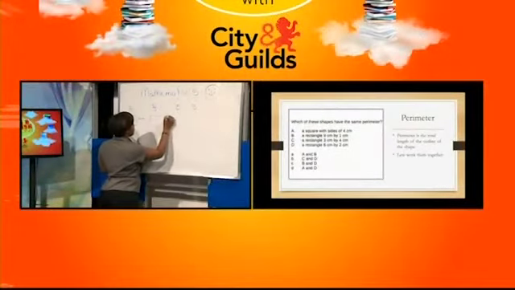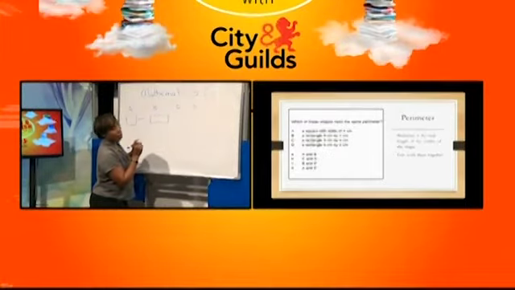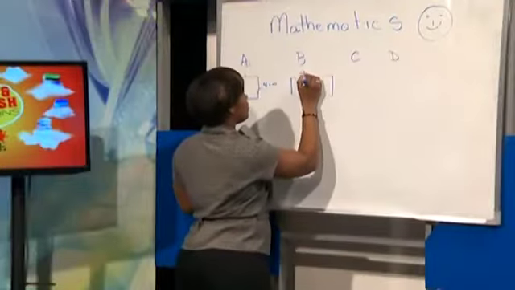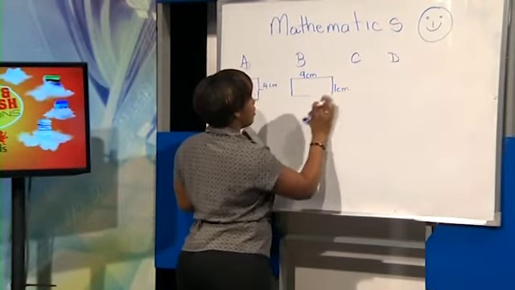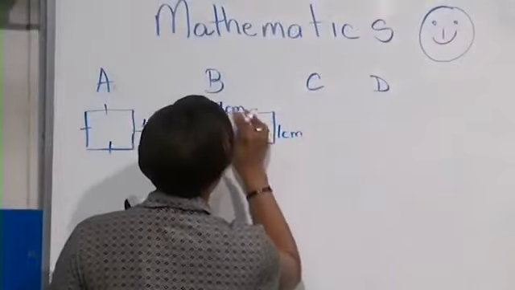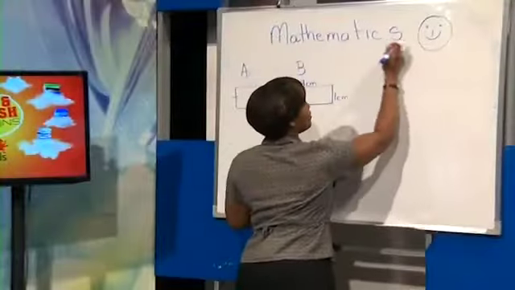Then it says a rectangle. So you know the rectangle: you have two parallel sides, two longer sides and two shorter sides. You have 9 centimeters here, and you have 1 centimeter. Now, obviously, if it's a rectangle and this is 9, this is also 9. C says rectangle as well.